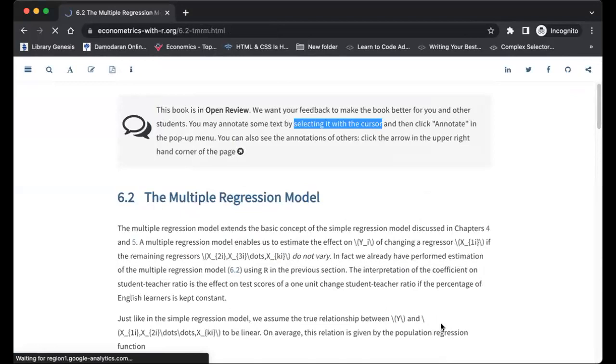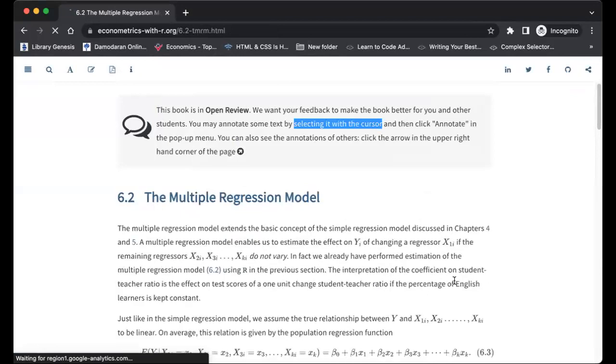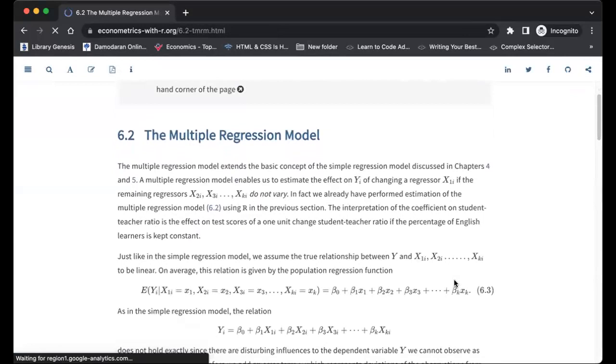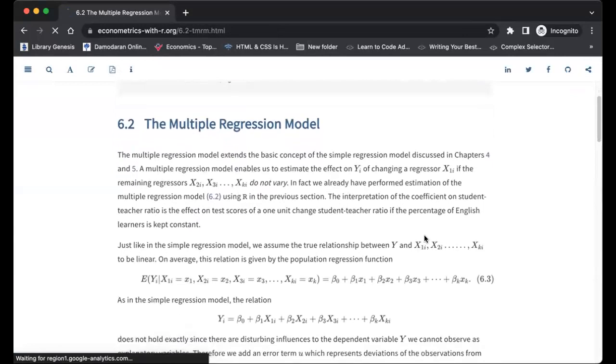Yeah, I think now we could move to 6.2, the multiple regression model. So in a sense, we are just extending the single regression model to accommodate more regressors.